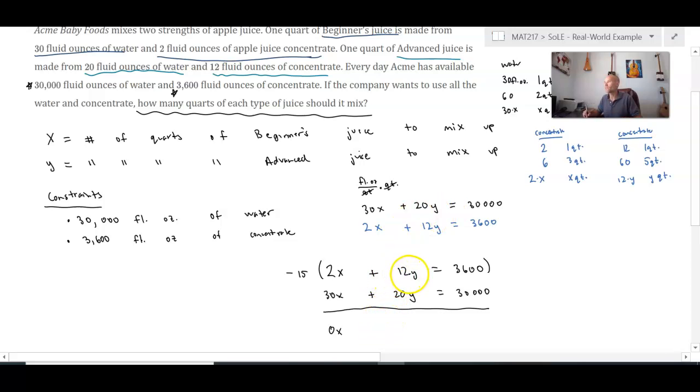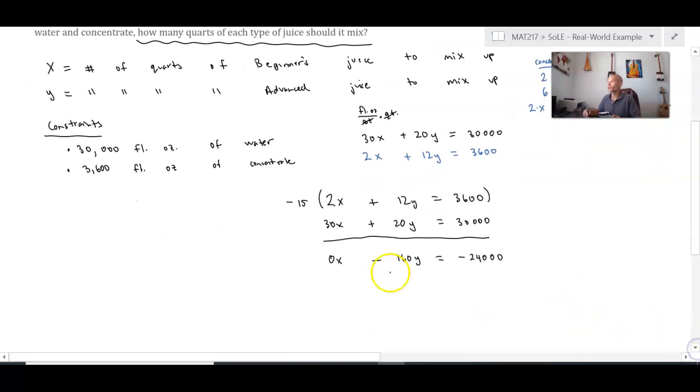So if we take negative 180y and add it to 20y, we get negative 160y. And negative 15 times 3600 is negative 54,000, added to 30,000 is negative 24,000.